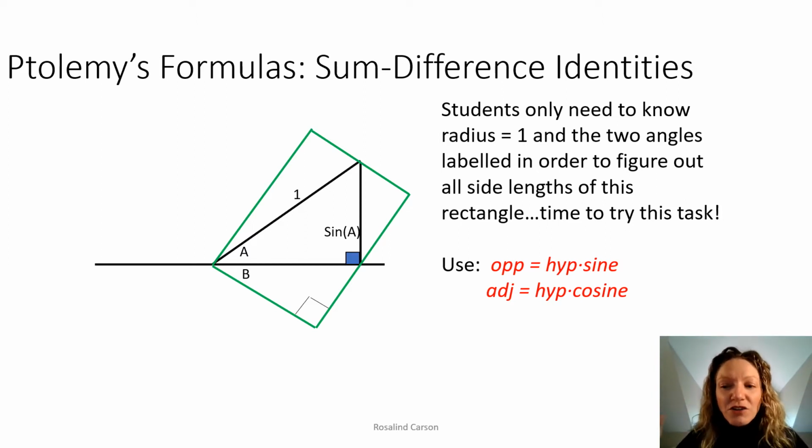So now that we've been showing students to use the trig equations opposite equals hypotenuse times sine and adjacent equals hypotenuse times cosine, using those formulas in that perspective, students found this so much easier to label the sides of the rectangle. So pause here now, give it a go if you would like to try it on your own, or follow along. We already have the triangle inside pretty much labeled because we know that the adjacent side to angle A, that distance from center, is cosine A.